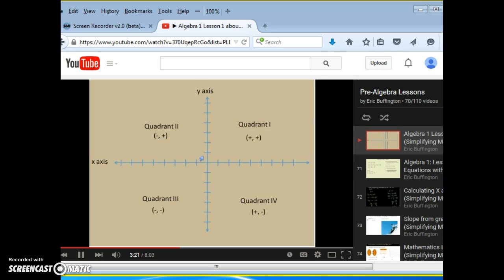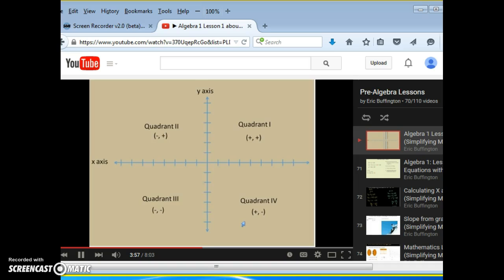In quadrant number 2, we move to the left and up. So it's going to be positive y values but negative x. So there'll be a negative, comma, positive. These values because we move to the left, and negative y values because we move down. And then over here in quadrant number 4, we would have positive x values and negative y values, like the point that we gave as an example earlier.